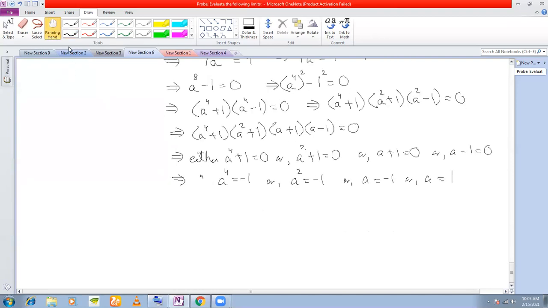But a to the power of 4 equal to minus 1 will give you what? Imaginary roots, right? And a square is equal to minus 1 will give imaginary values of a, isn't it? Yes, sir.